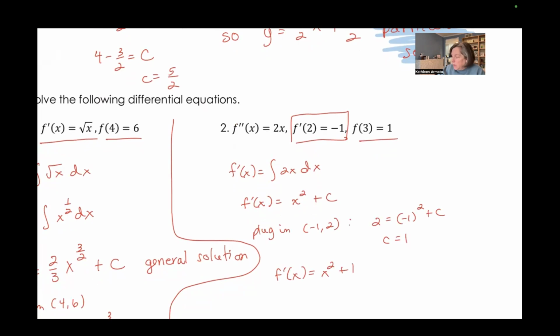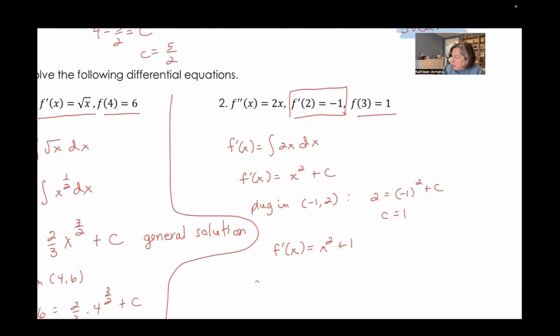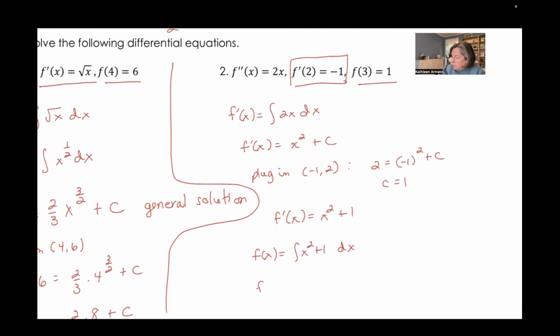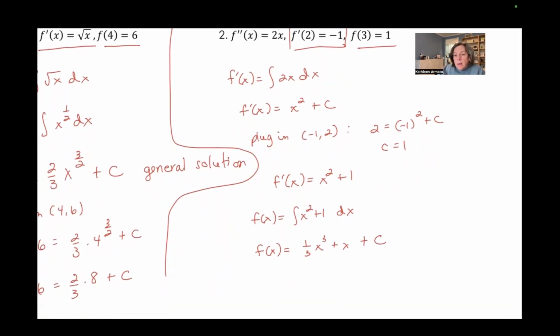But I'm looking for the function, so I got to go one more. So f of x is the integral of x squared plus 1 dx. So it's 1/3 x cubed plus x plus c. Different c than the above c.